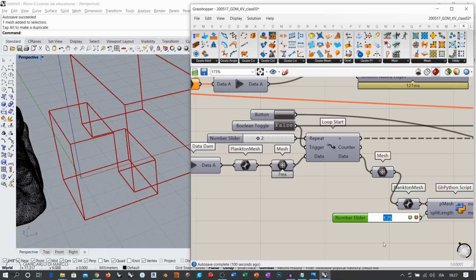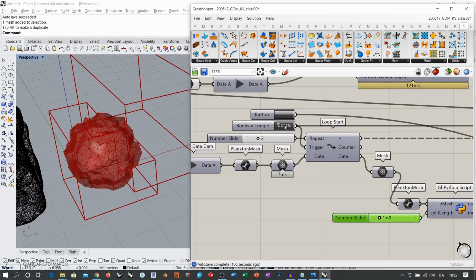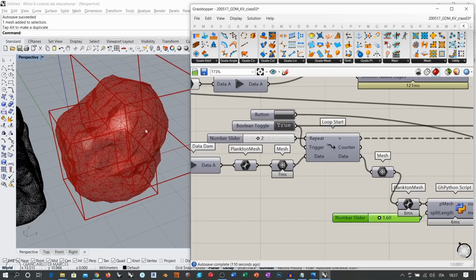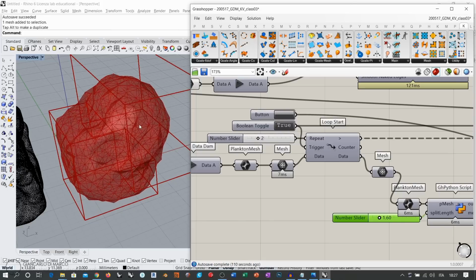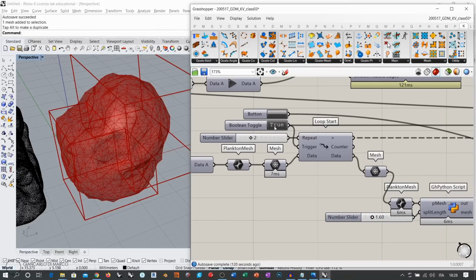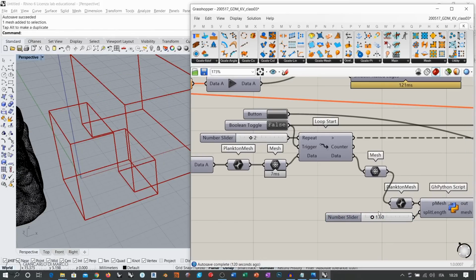Well, I think let's go back to 1.5 more or less. Yeah, actually we had some subdivision. You see it because Kangaroo simply tends to hang a little when you have some subdivision going on, because Kangaroo is receiving more and more geometry. So yeah, I think that in the end 1.5 was a good value.